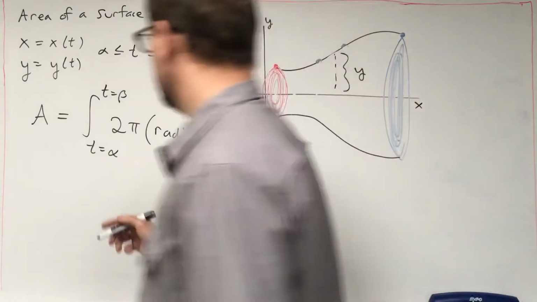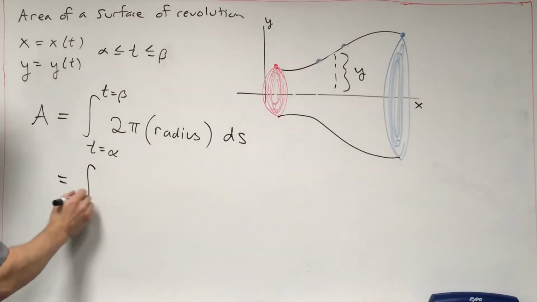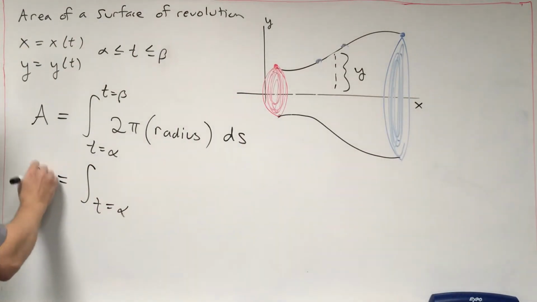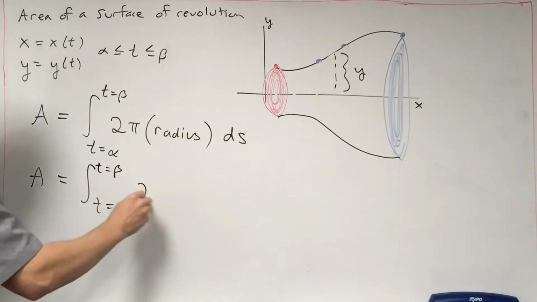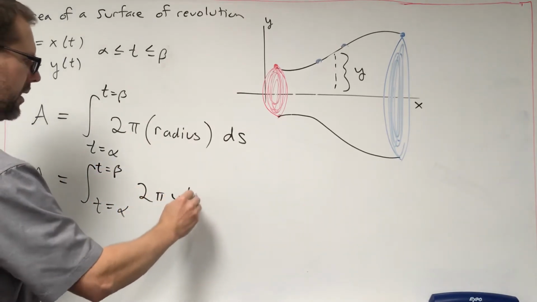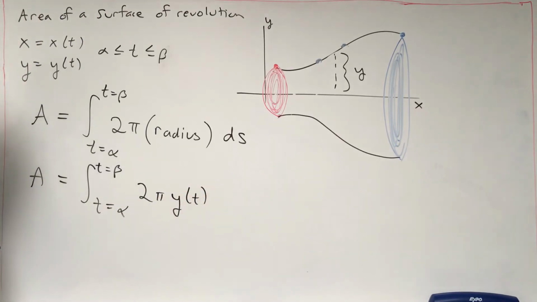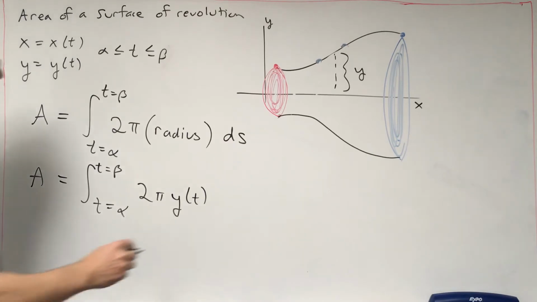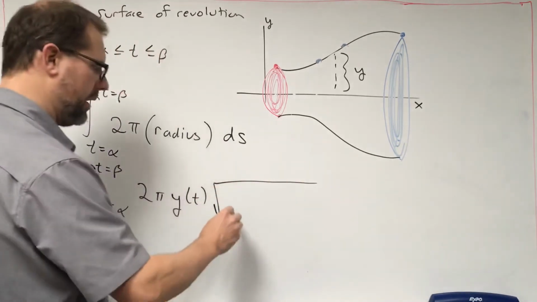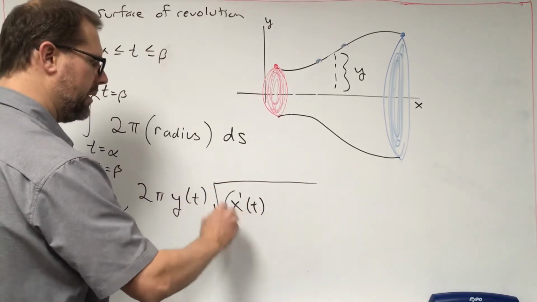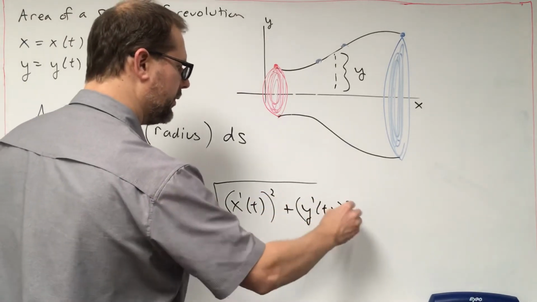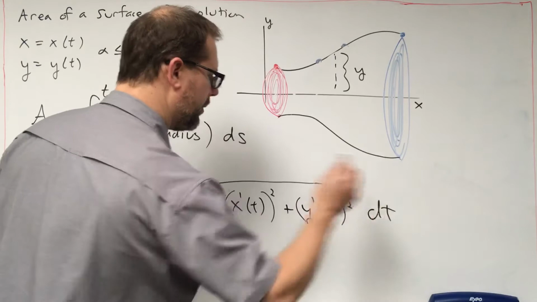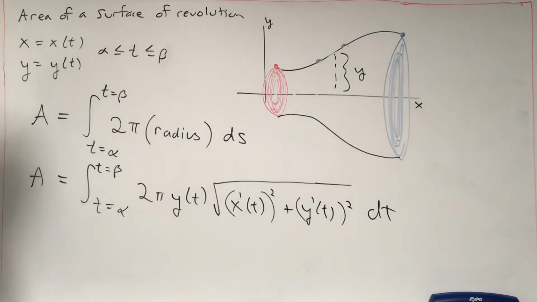And so in the example that we have over here, we can feel confident that y of t is going to give you the radius that we need. And then, of course, your ds, we can go ahead and write x prime of t squared plus y prime of t squared under a square root, and then dt.